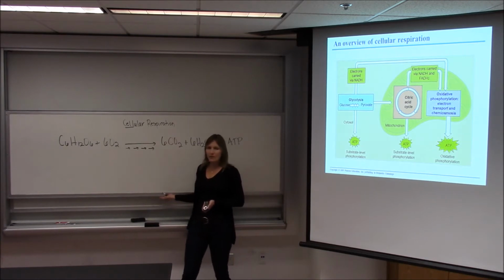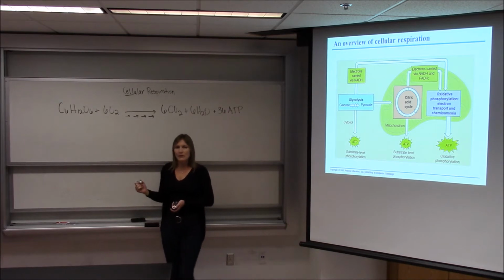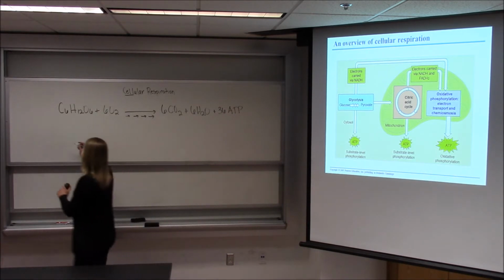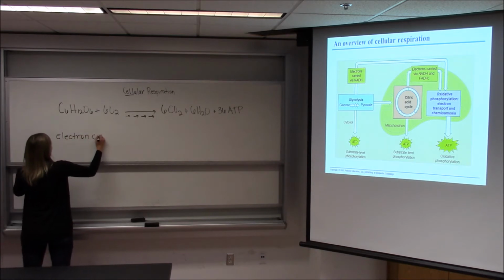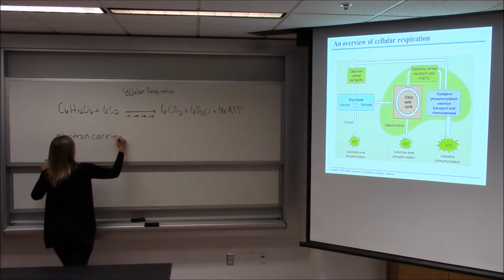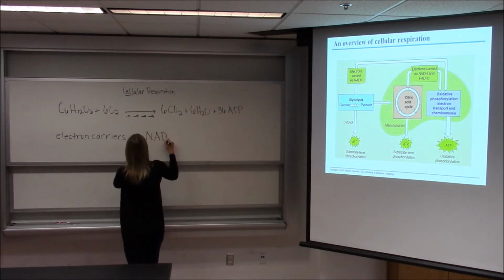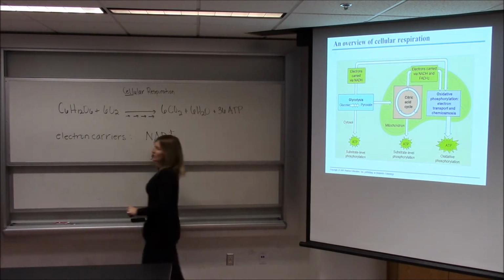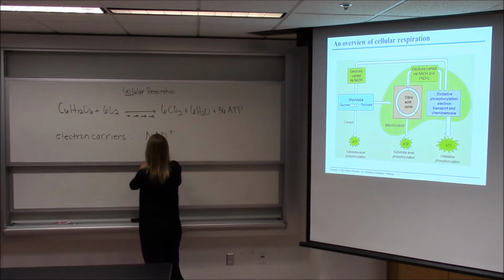There are a couple of terms you need to understand. The first term you need to understand is what is an electron carrier? We're going to have 2 electron carriers that are part of this cell respiration story. NAD, it's actually NAD+, and FADH.